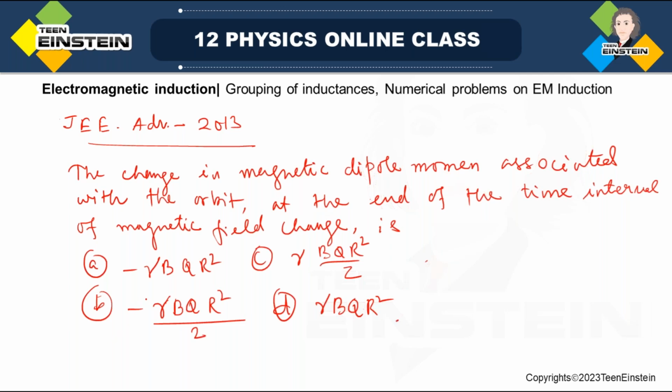Let me read the paragraph for you in short. There is a point charge q moving in a circular orbit of radius r. Suppose this is the case, a positive charge moving in a circular orbit in the xy plane with angular velocity omega.